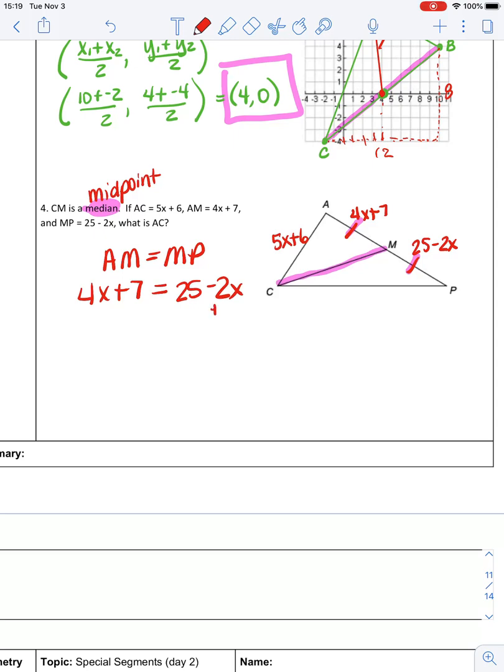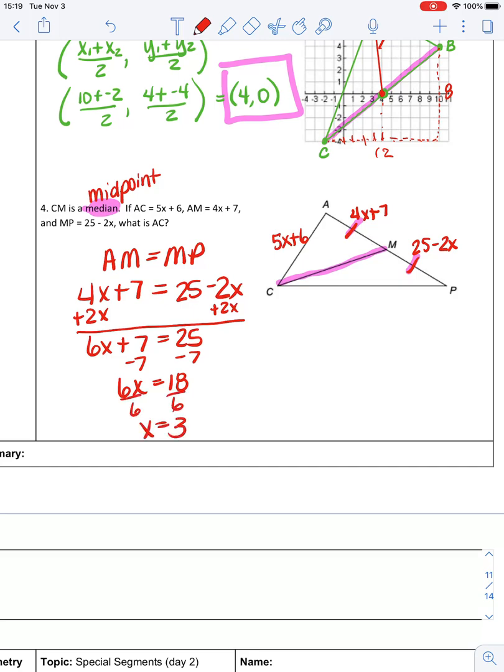So now I'm going to solve. I'm going to add 2x to both sides so that my x's are on the same side. That gives me 6x plus 7 is equal to 25. Subtract 7 from both sides, so I get 6x is equal to 18. Divide both sides by 6, and you get that x is equal to 3. Okay, but remember, the question says, what is AC?